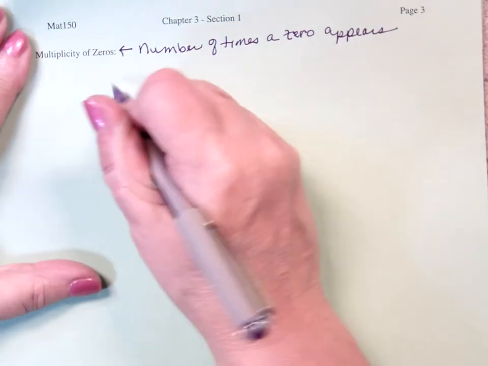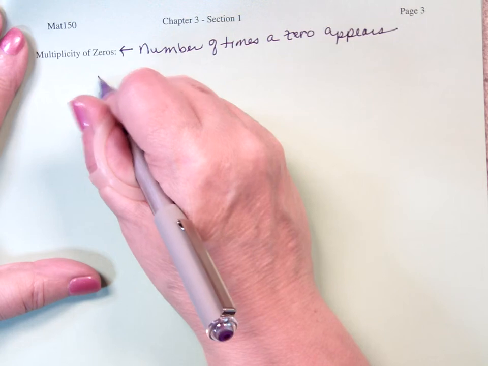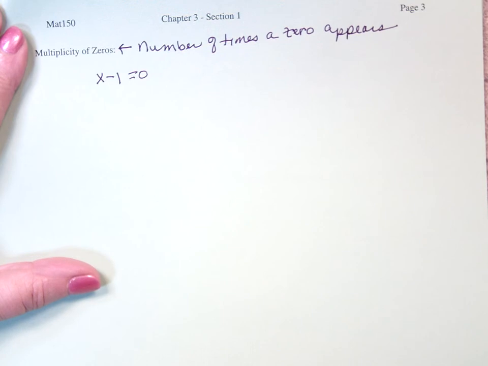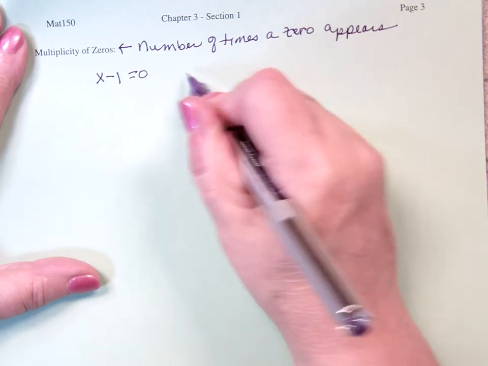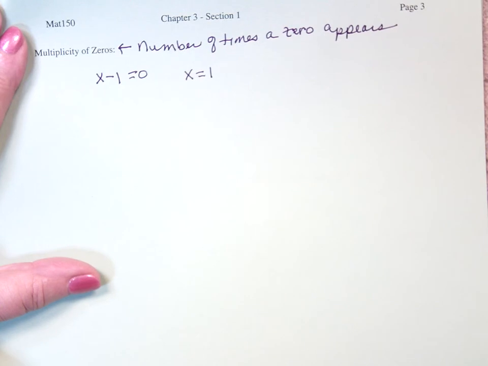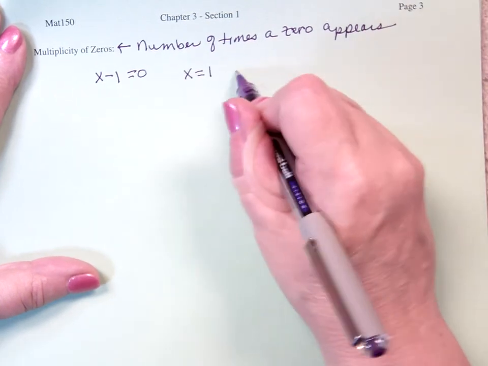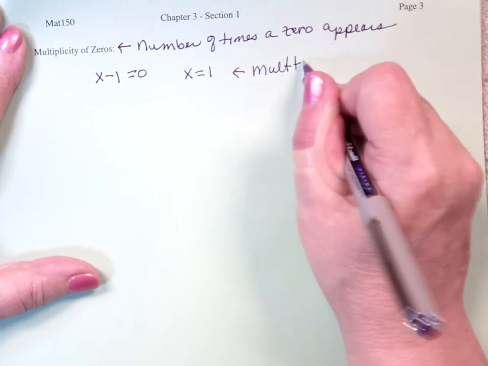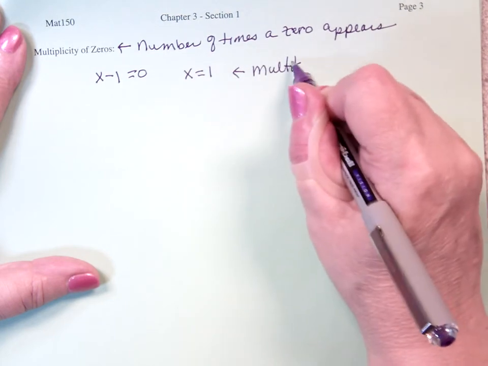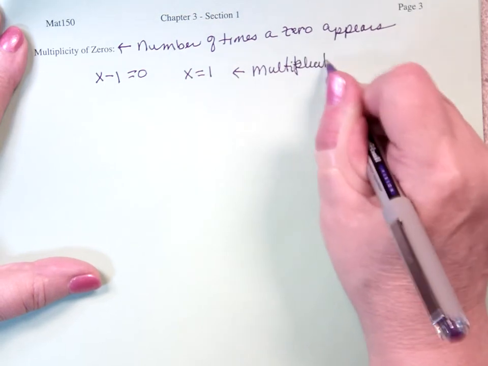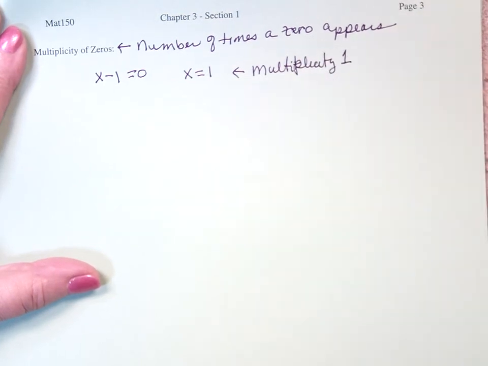So if I were to look at x minus 1 equals 0, this says x equals 1. It only appears once, so I would say this is multiplicity 1, because it only appears once.